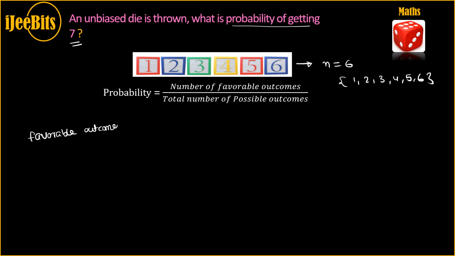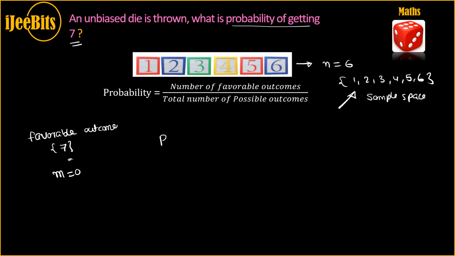Do you think you will be able to actually get a 7 from this? This is the sample space. Within the sample space, I don't think I have an outcome of 7. So if n equals 6, m would be 0 because it's not possible.